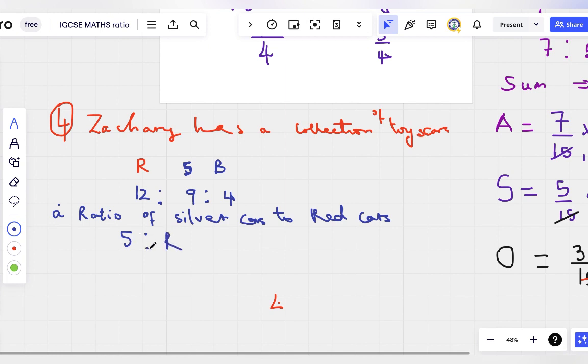How many silver cars do we have? We have 9. So we write 9 here. How many red cars do we have? We have 12. So the ratio is 9 to 12.